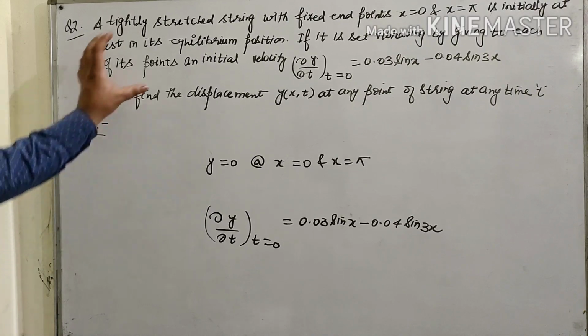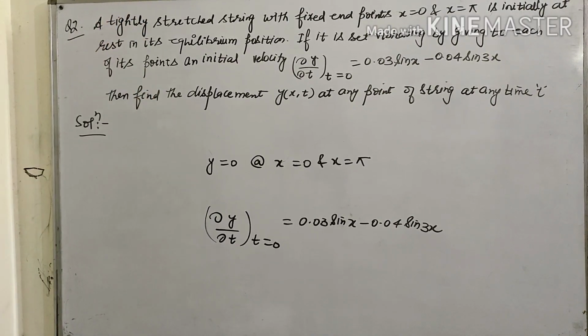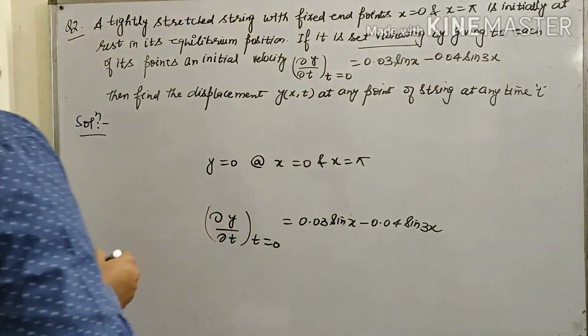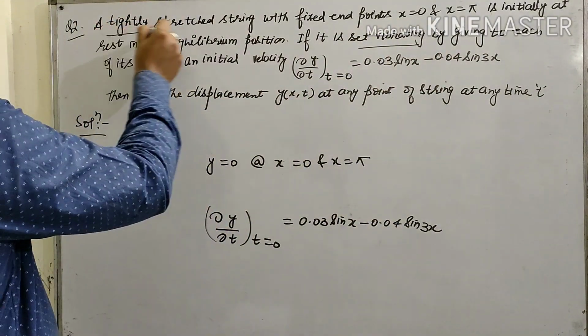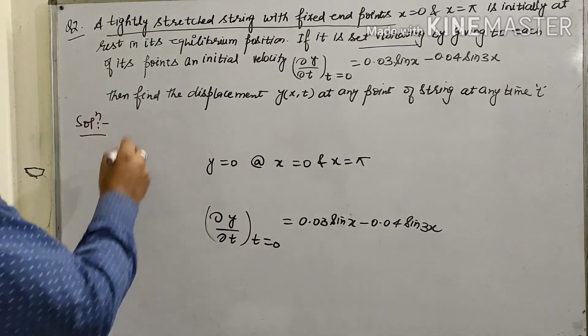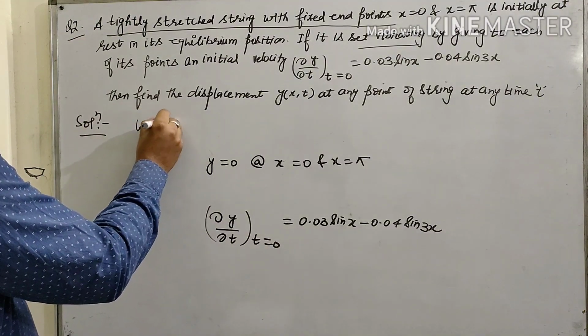So here in this particular problem it is already given that we are dealing with a vibrating string, a tightly stretched string with fixed endpoints. So what is the standard equation of the wave equation?